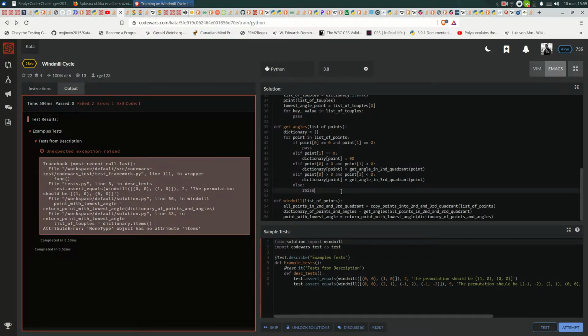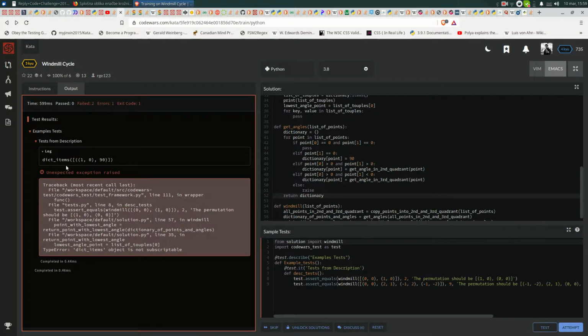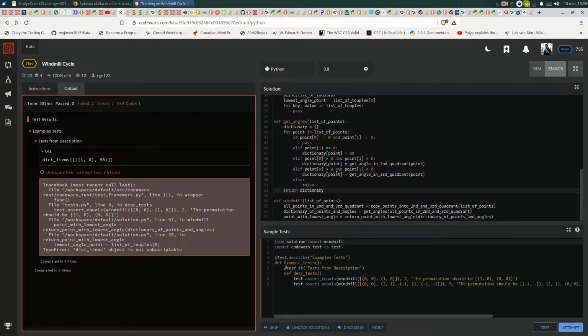Oh, because this one doesn't return anything. Again. Return dictionary. So that should be dict items object, lowest angle point. What?